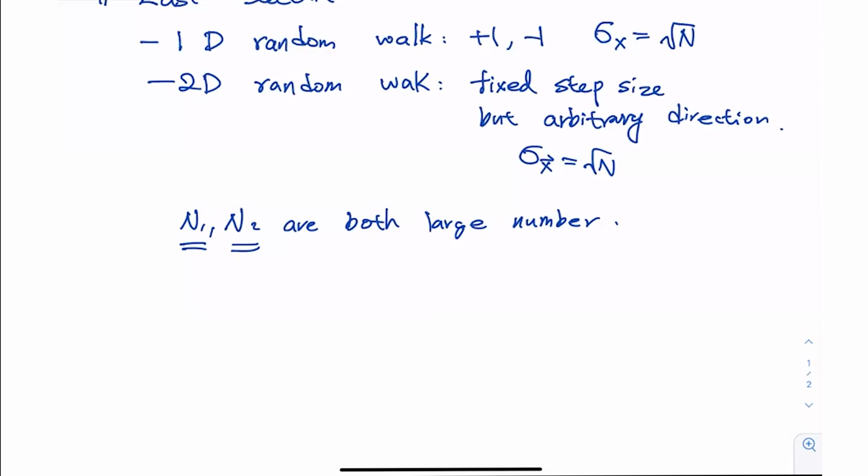In principle, it is not guaranteed that when you change the step number, they have the same behavior. But in these two examples, we can show that when n1 and n2 are large enough, even though they are different, the root mean square behavior is identical. They share the same functional form, proportional to the square root of the step number, so it's square root of n1 and square root of n2. That's the concept of scale invariance.